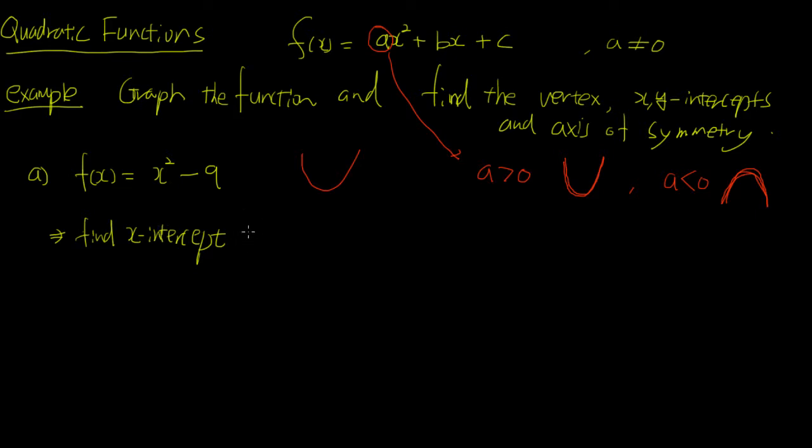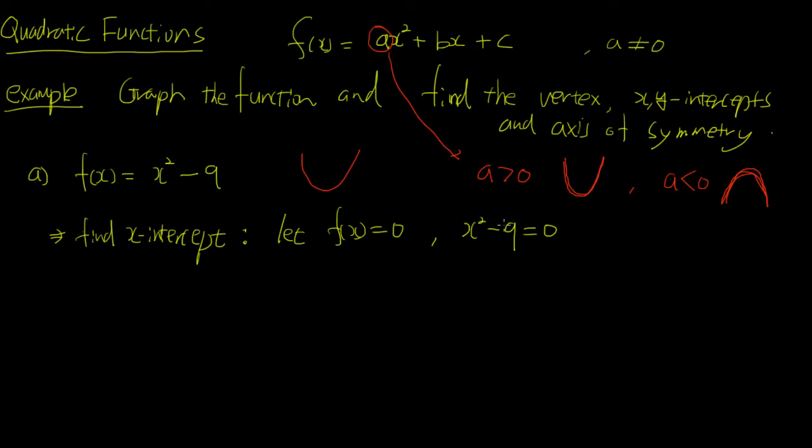To figure out the x-intercept, we let f of x, or the y, equal 0, right? So if this equals 0, then we have x squared minus 9 equals 0, and we need to solve this.